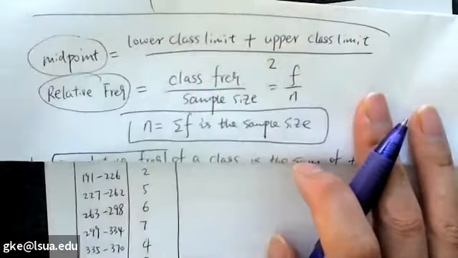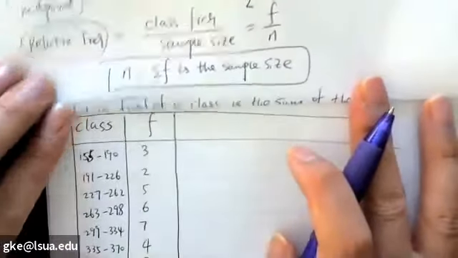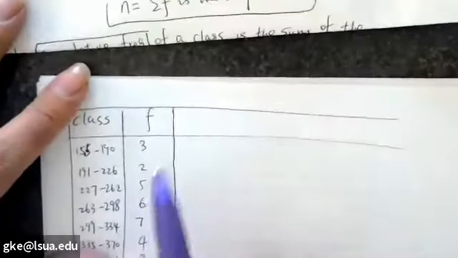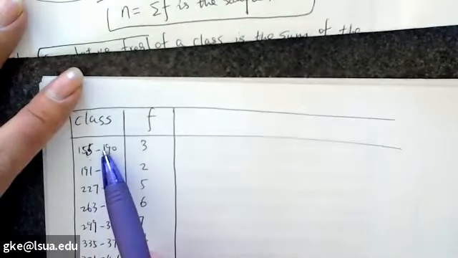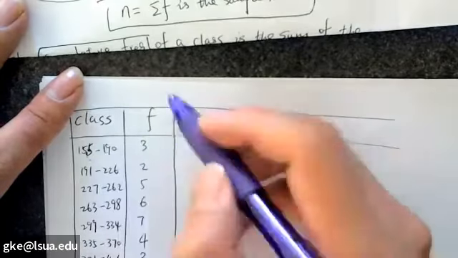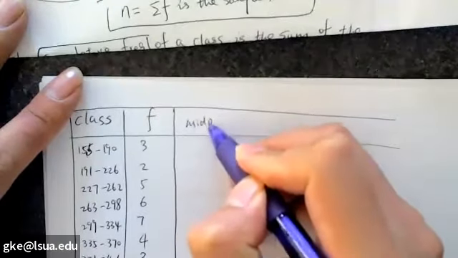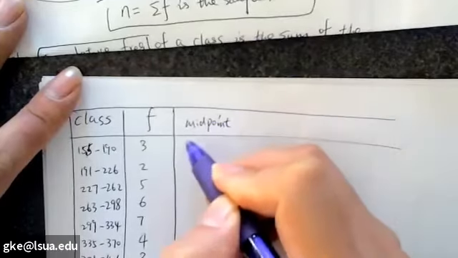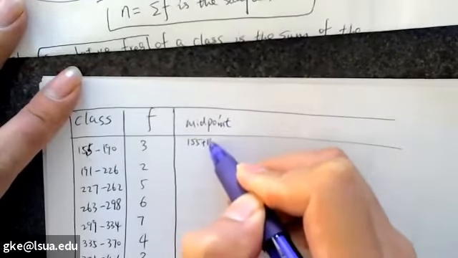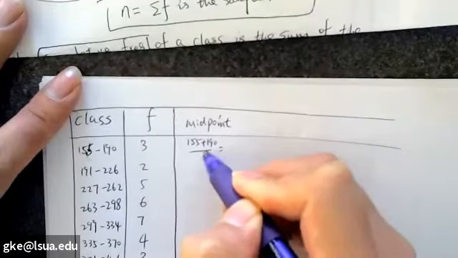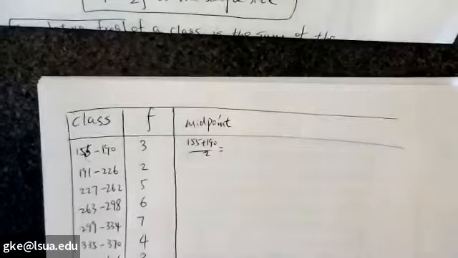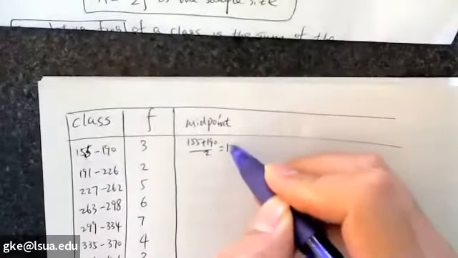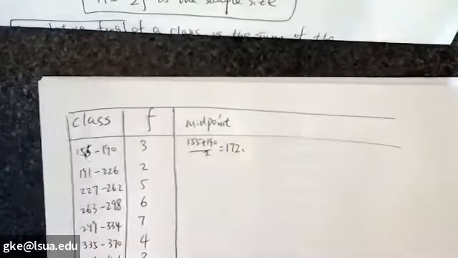For this class, the lower class limit is 155 and the upper class limit is 190. So the midpoint is the average of these two, which should be 172.5.